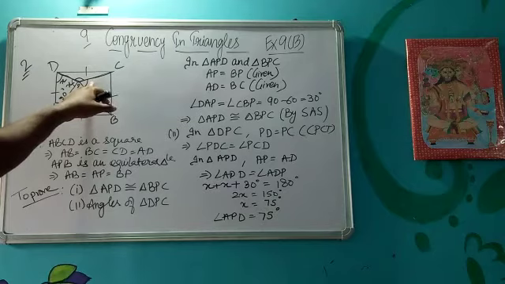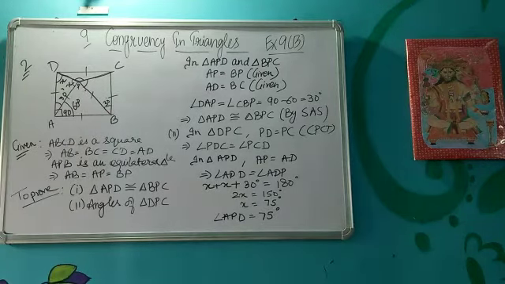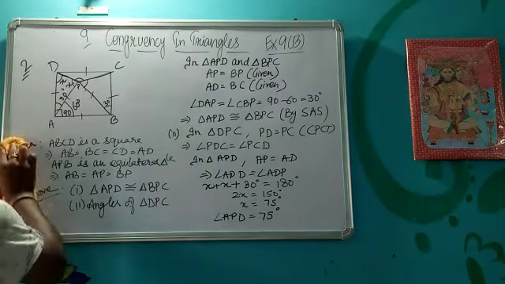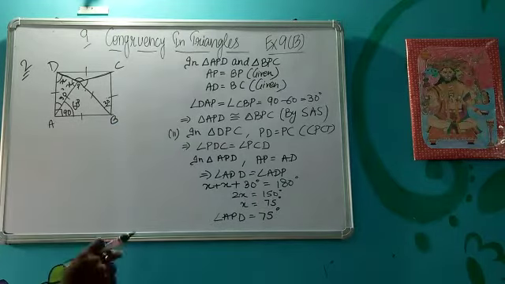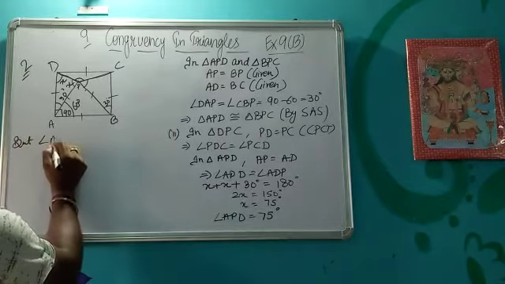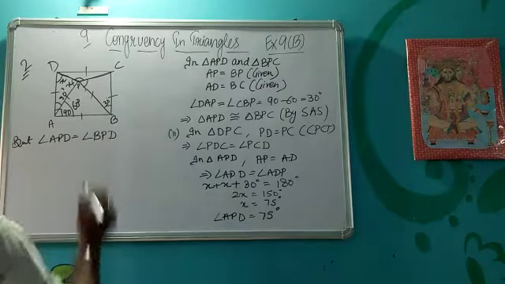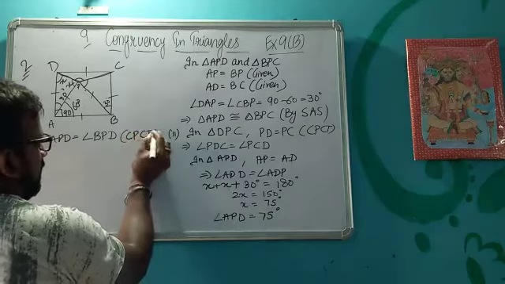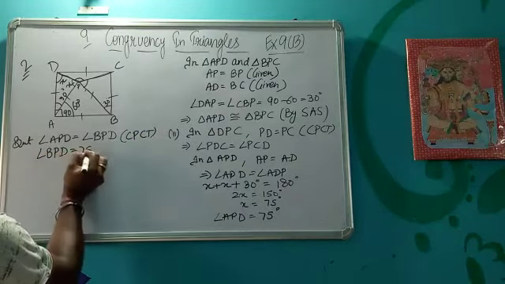Now we will calculate this angle. Angle APD is 75, but angle APD is equal to angle BPC by CPCT. So angle BPC is also how much? 75 degrees.